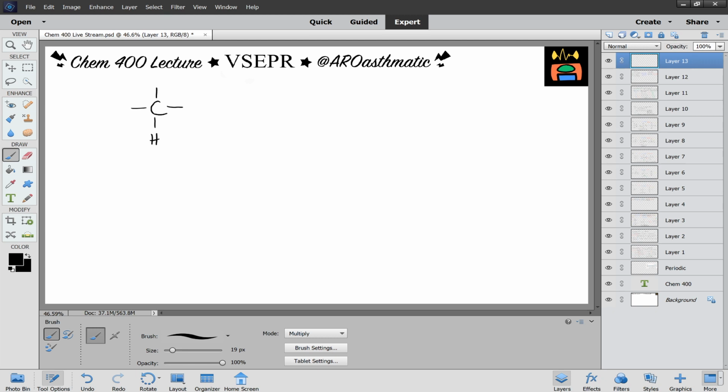So we can draw our Lewis structure here, right? And we can look at our Lewis structure and see that we have 4 electron groups around our central atom, which means that we're dealing with the tetrahedron, right?